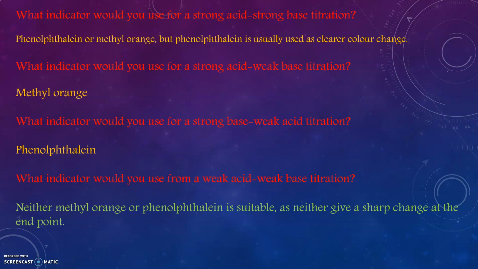And we said also one of the main points for the suitable indicator is that the end point should be equal to the equivalent point. And the equivalent point, as we have defined, is the point in which the color of the titration solution changes.